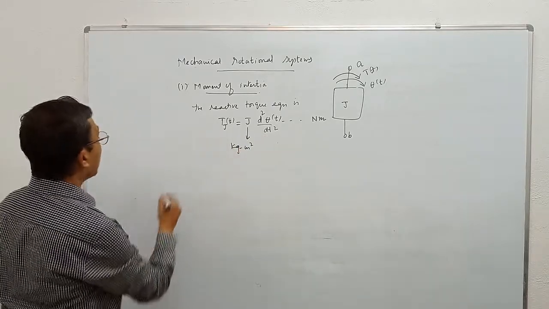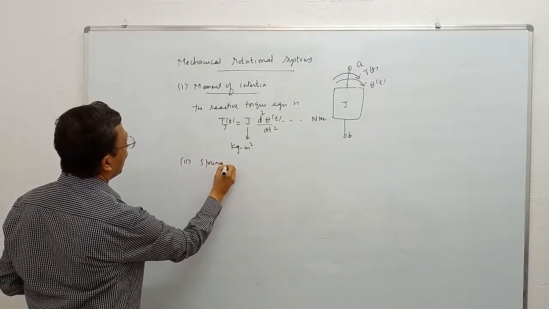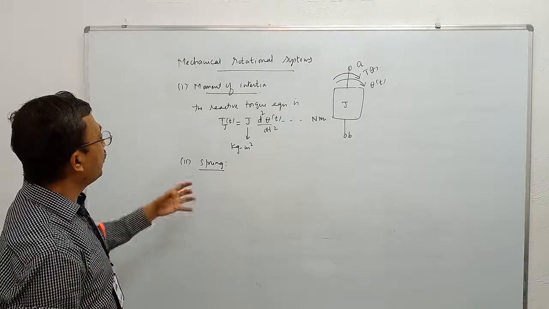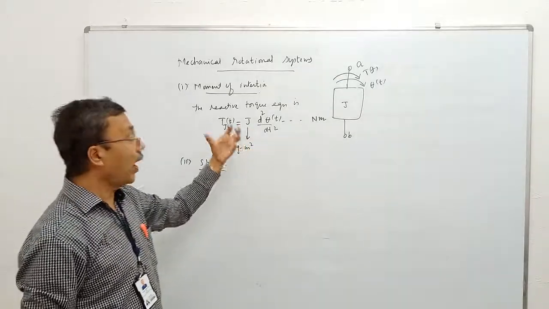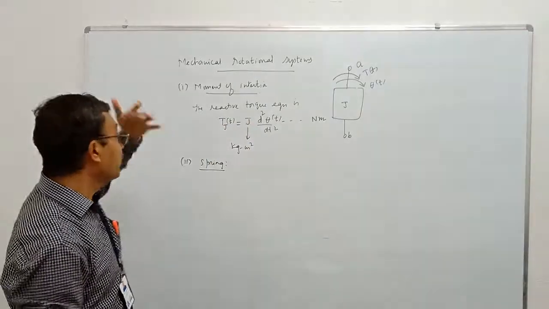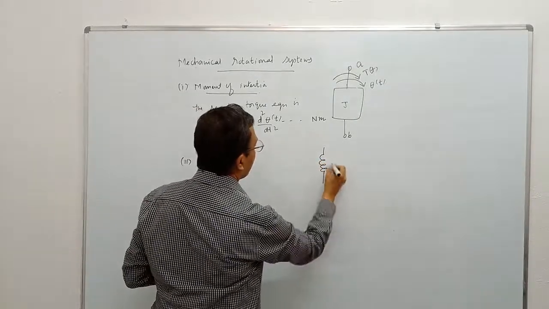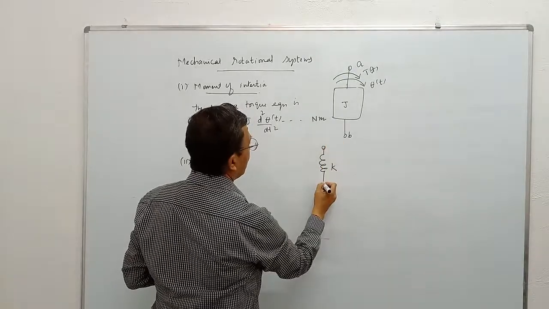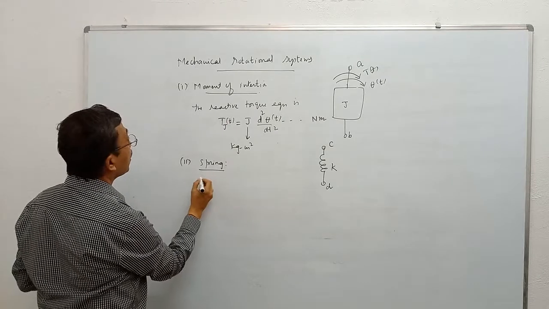Second element is spring. What is important is that force is replaced by torque, and linear displacement x of t is replaced by angular displacement theta of t. The endpoints are C and D. What is the reactive torque here?